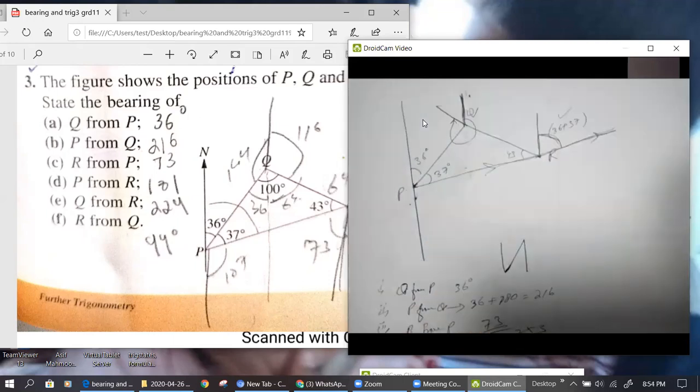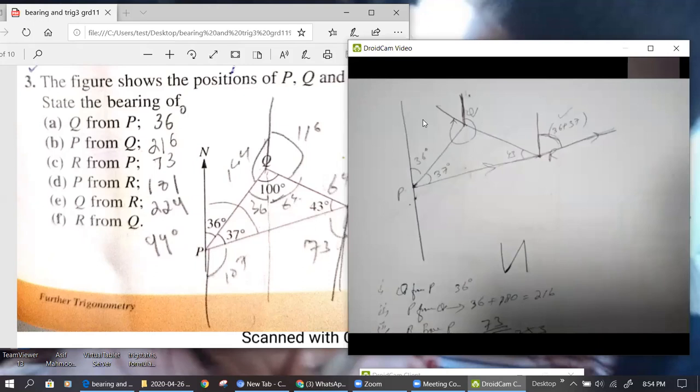One sec, it's very tricky. How will you do this? Okay, so, one sec. 180 plus 73. 326?